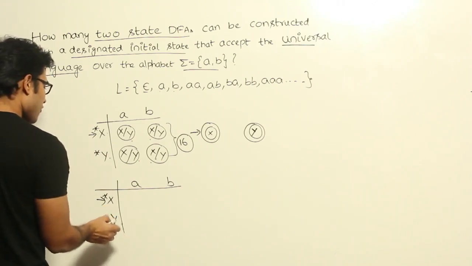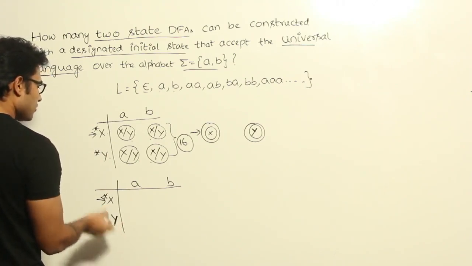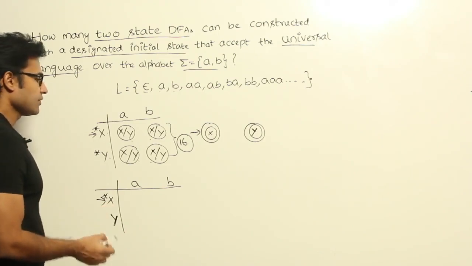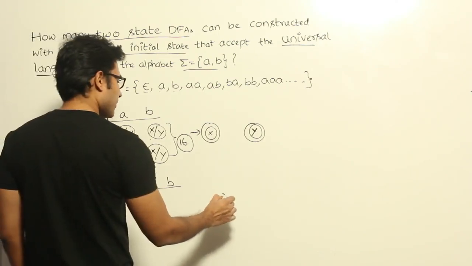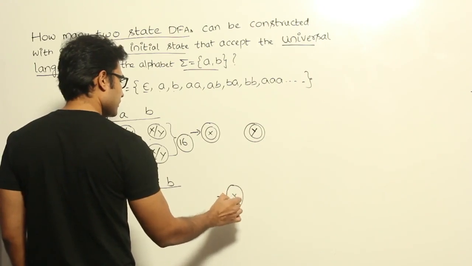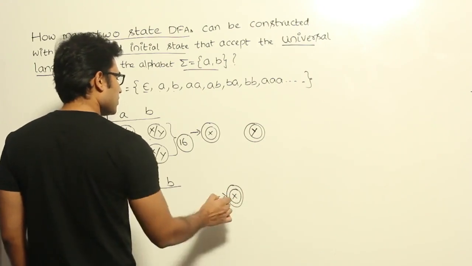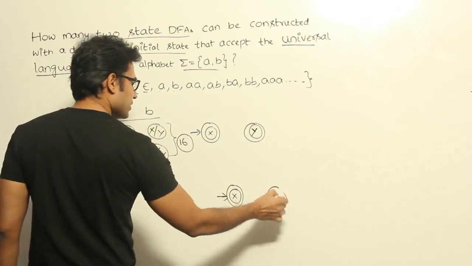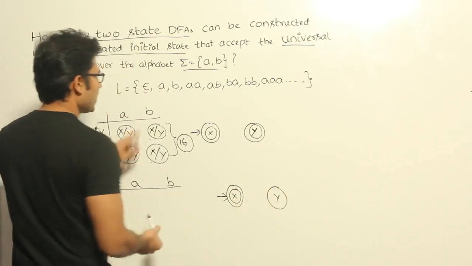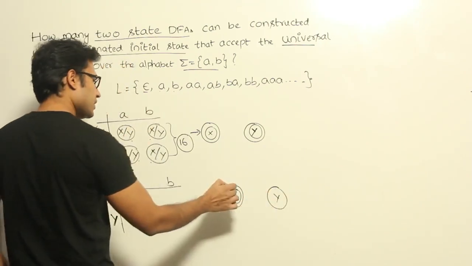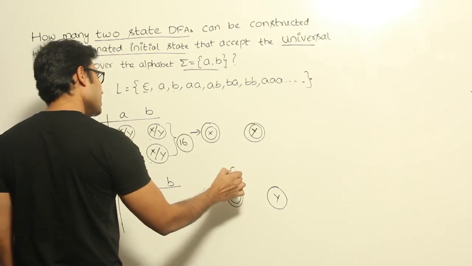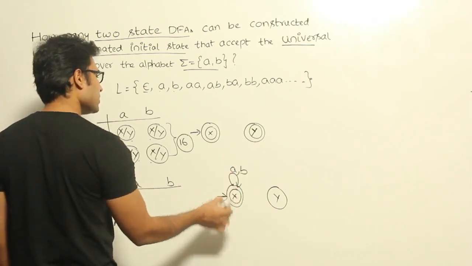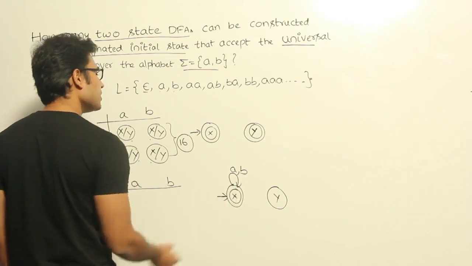Here y is not a final state, therefore everything has to be accepted in x only. So x is the final state, and epsilon will be there. If I have to accept a and b, they have to be accepted at x itself, which means the transition of x on a and on b has to stay at x.